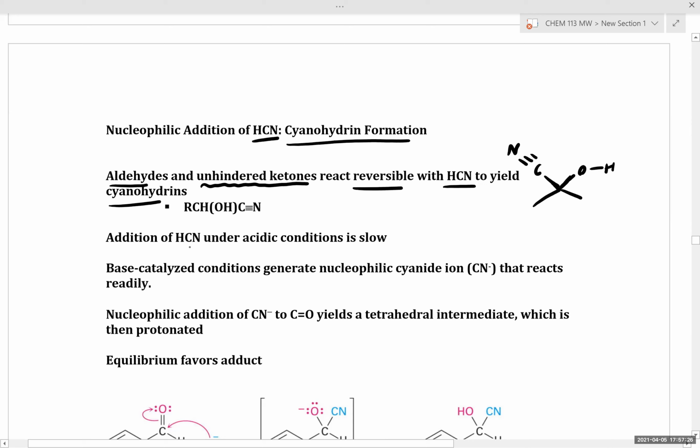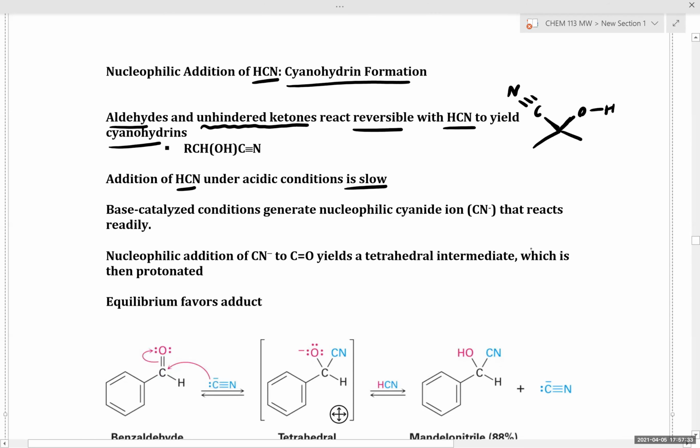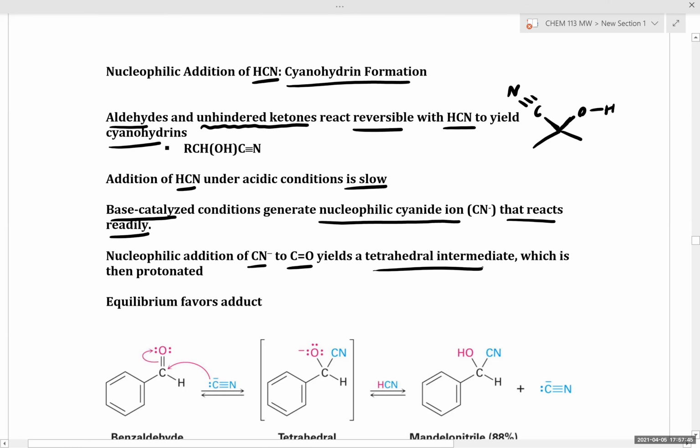Now, addition of hydrogen cyanide under acidic conditions is slow. However, base catalyzed conditions generate the nucleophilic cyanide ion that reacts readily. Nucleophilic addition of cyanide to carbonyls yields a tetrahedral intermediate, which is then protonated.